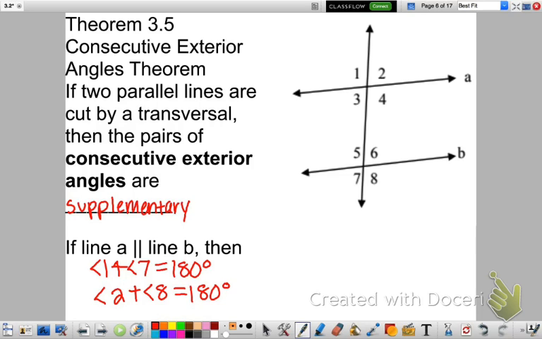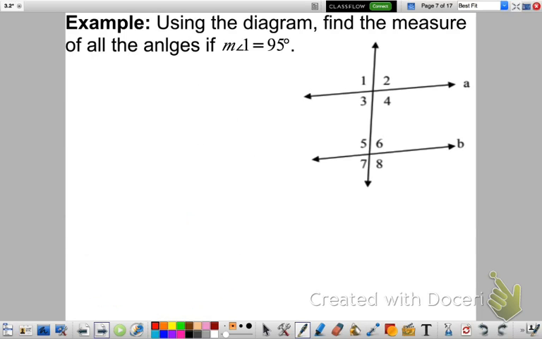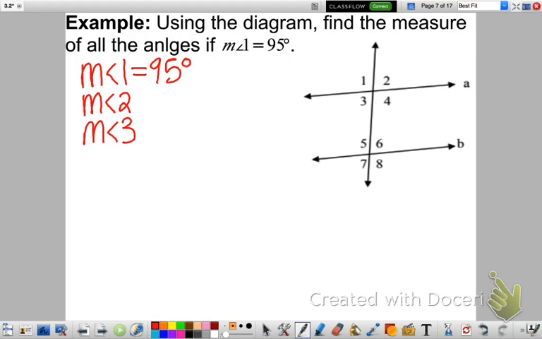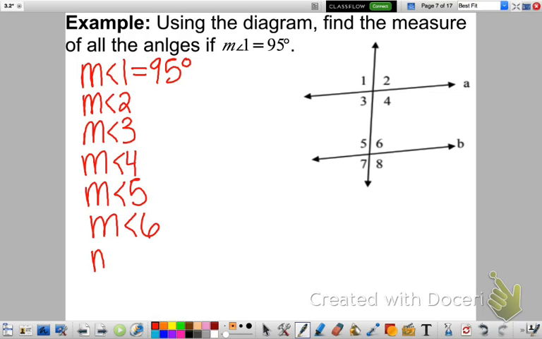Now, let's work a quick example. We know that the measure of angle 1 is 95 degrees. We don't know angle 2, angle 3, angle 4, angle 5, angle 6, angle 7, or angle 8 yet.